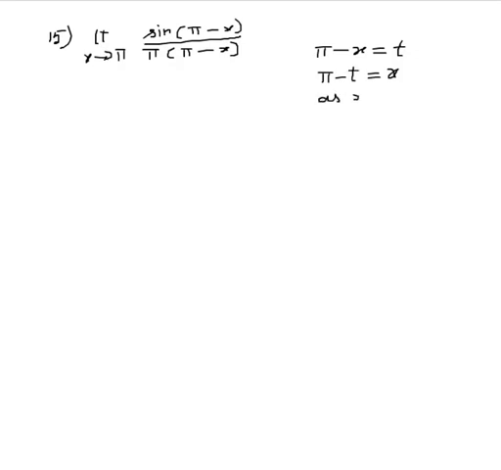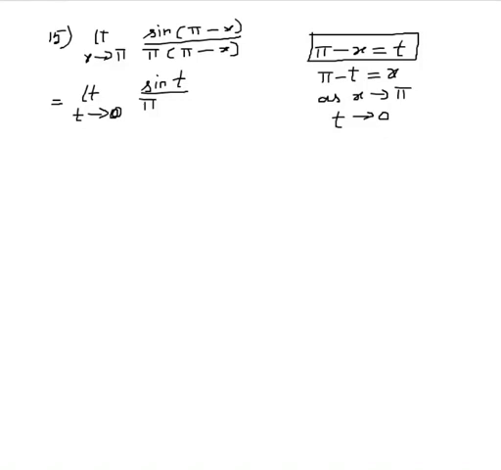As x tends to pi, t tends to 0. Substitute x is equal to pi here, pi minus pi is 0, so t tends to 0. So let us change the limit in terms of t. So limit t tending to 0 of sin t divided by pi times t.